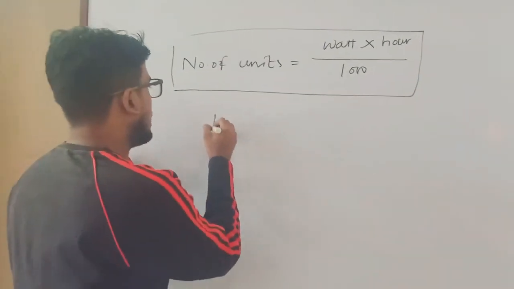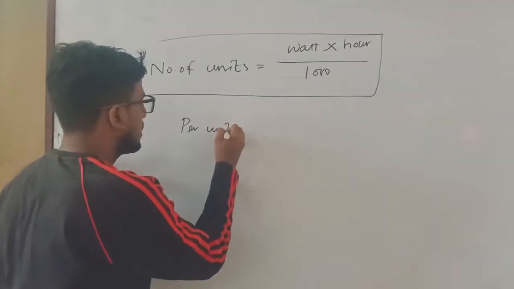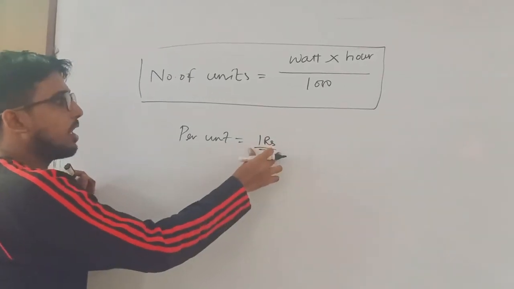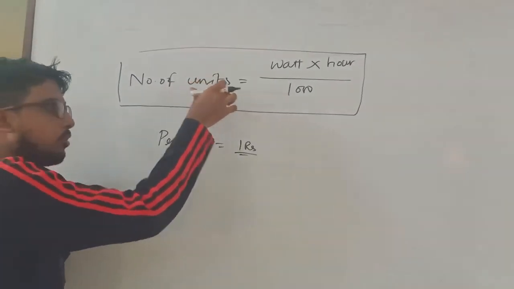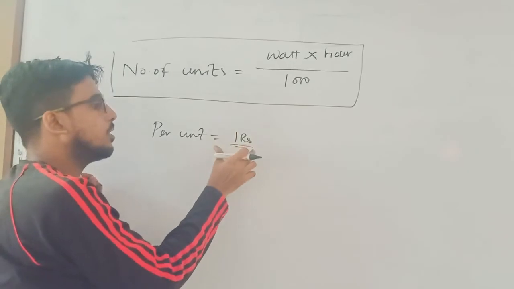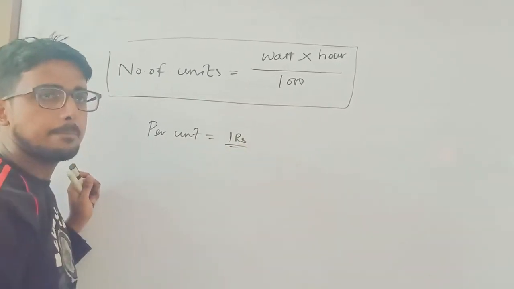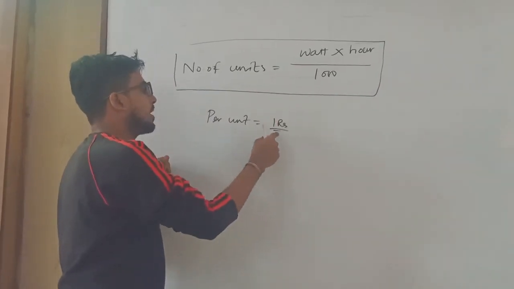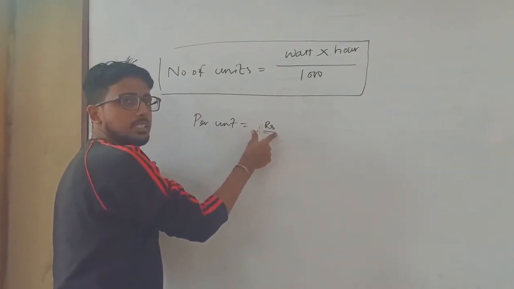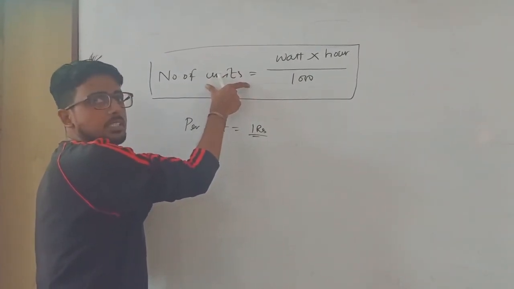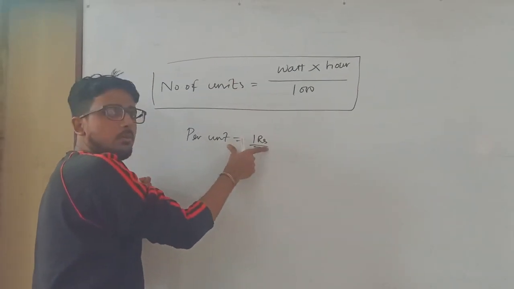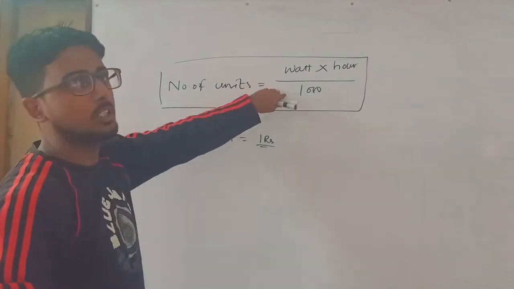If the per unit price is 1 rupee, then after calculating the number of units, we multiply the number of units with the price. So by multiplying the total number of units with the price per unit, we get the total value of the consumption.